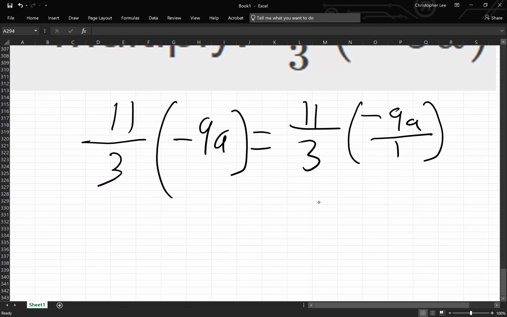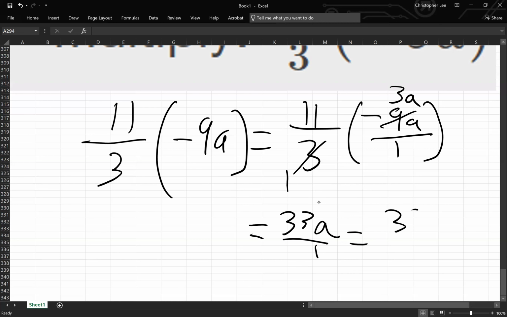So then 3 goes into 3 once, 3 goes into 9a 3a times. Then you just multiply straight across, 11 times 3, 33a, over 1, which is just 33a. Negative, of course.